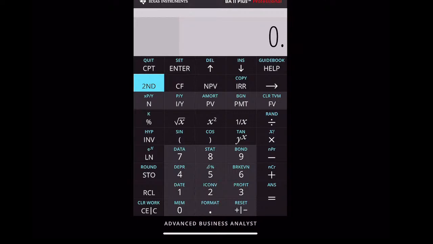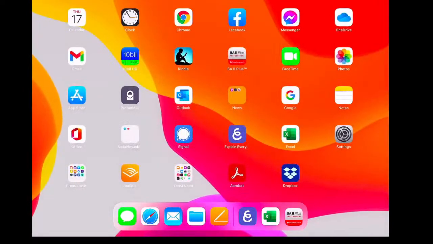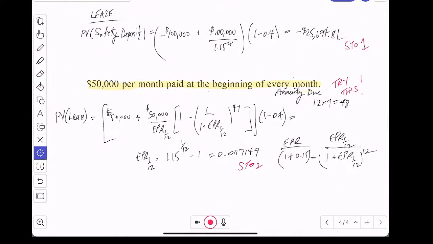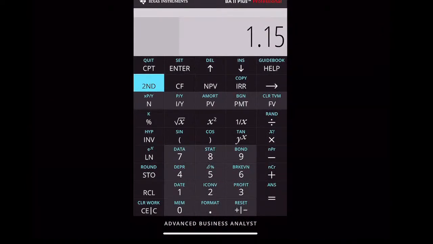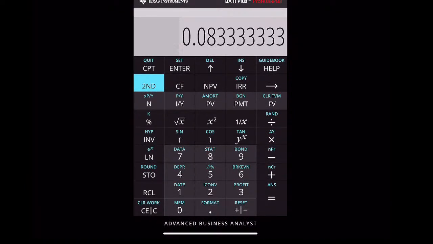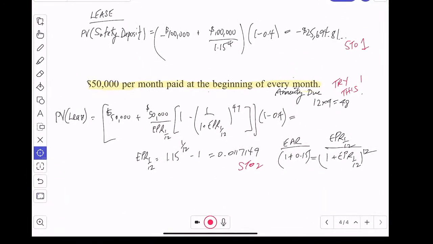Wait a second. 1.15 to the power of, what did I write here? 12. I put 15. 1.15 to the power of 12 inverted equals -1. That is my rate. And I said I would store that in 2.